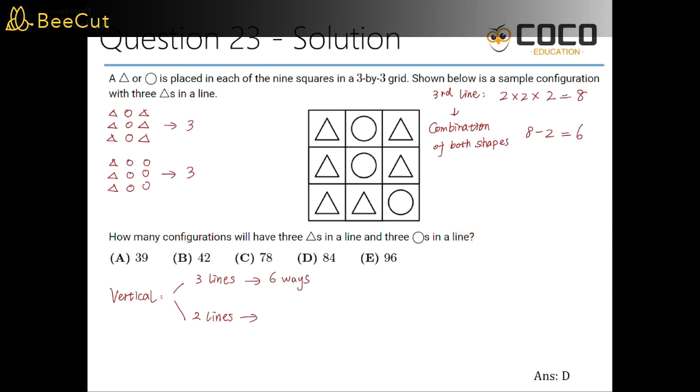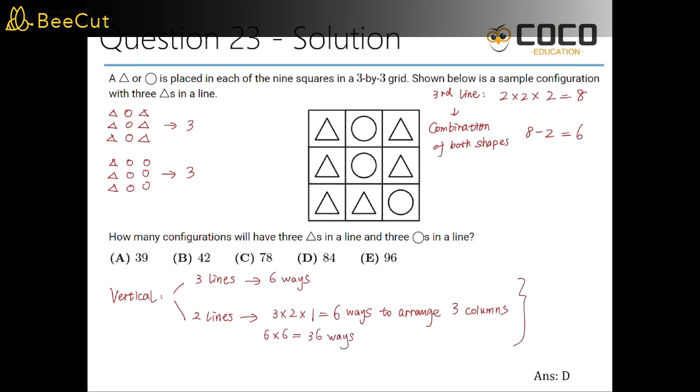So when you arrange these 3 columns, this is 3 times 2 times 1, 6 ways to arrange the 3 columns. And because for the third column, the one with combination of both shapes, has 6 ways, there is 6 times 6, 36 ways in total.